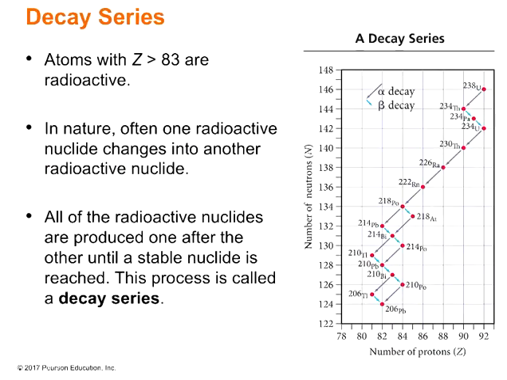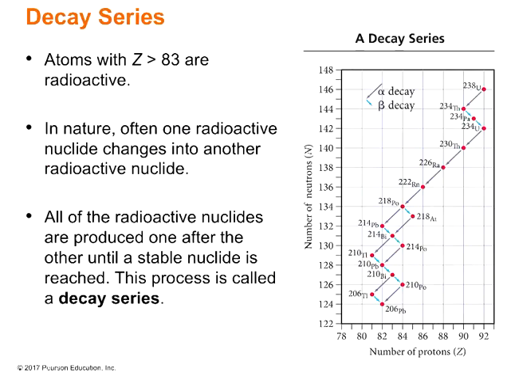Now, one last thing before we go today. We've been talking about different types of radioactive decay. And we did say that atoms with an atomic number greater than 83 are all unstable. So they are all radioactive. Now, we've only been talking about one-step processes, but a lot of atoms actually go through multiple steps of decay.